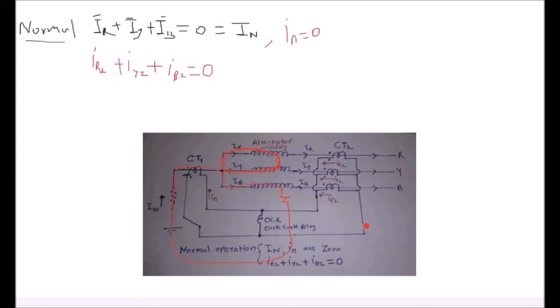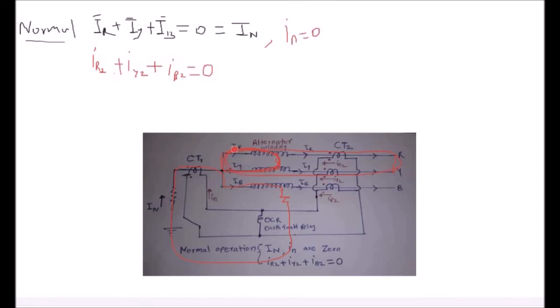Now, if an external phase-to-phase fault or earth fault occurs, say an external phase-to-phase fault with R phase getting connected to Y phase, then what happens? The fault current circulates between the R phase and Y phase.